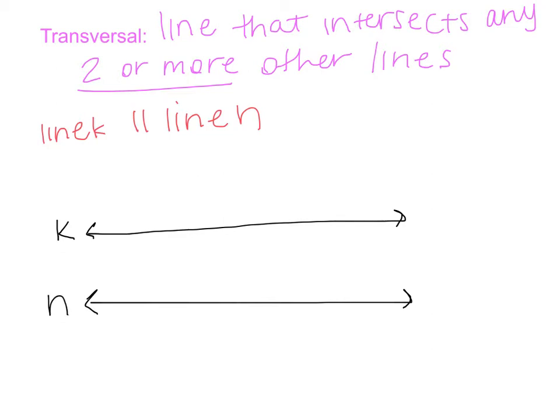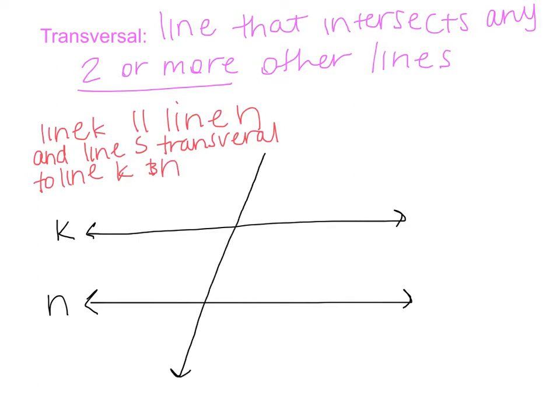And then let's go back and let's say, and line S is transversal to line K and N. So all that means is we are going to take a line and we are going to cut right through them, and this is going to be line S.